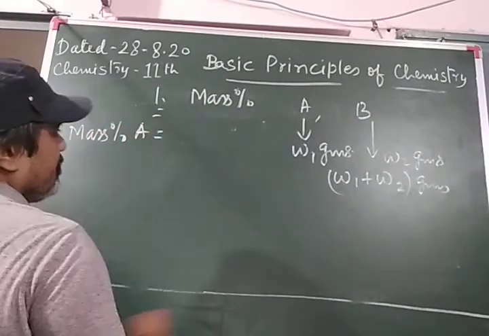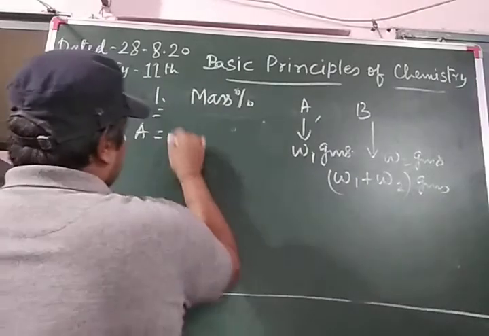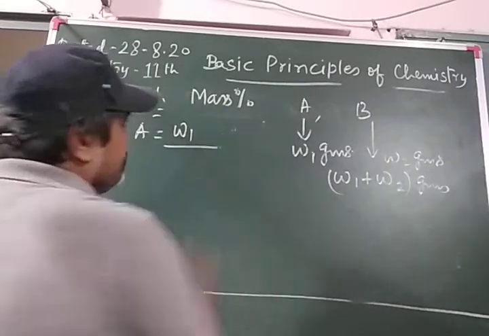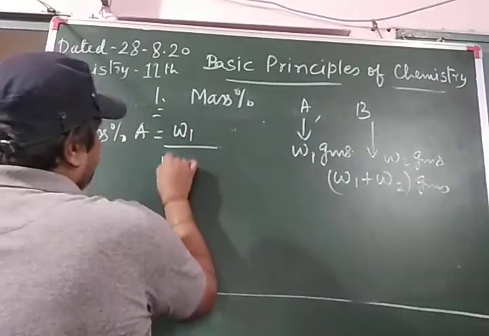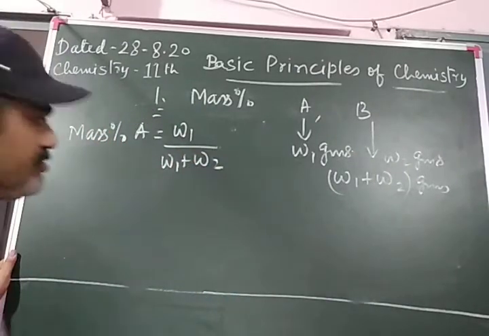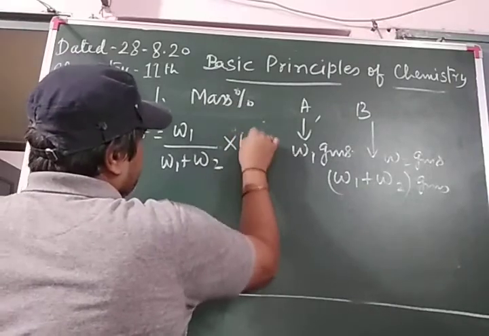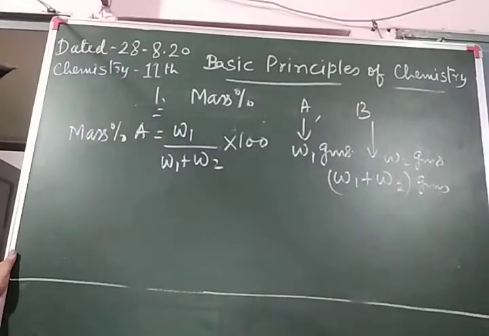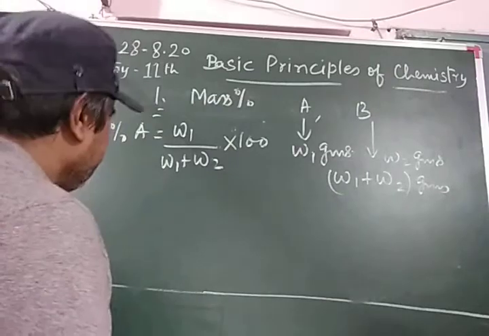So, mass percent of A is equal to the mass of A divided by the total mass of the solution, that is W1 plus W2, and if this ratio is multiplied by 100, this will be the mass percent of A. Clear?